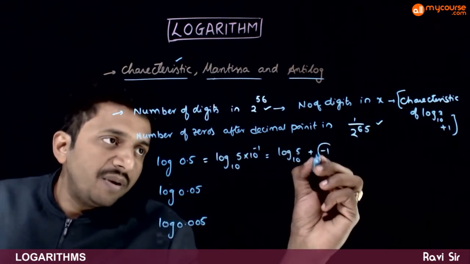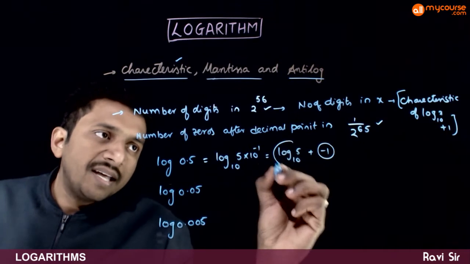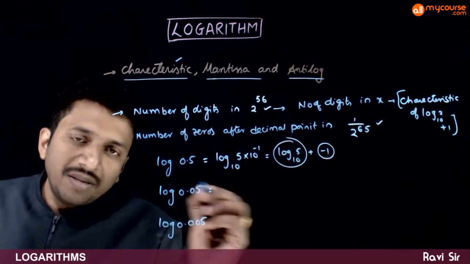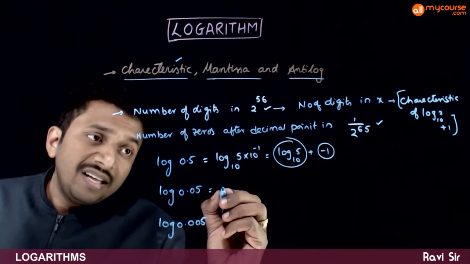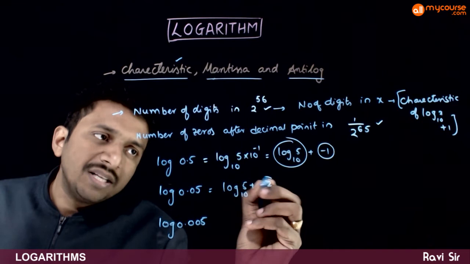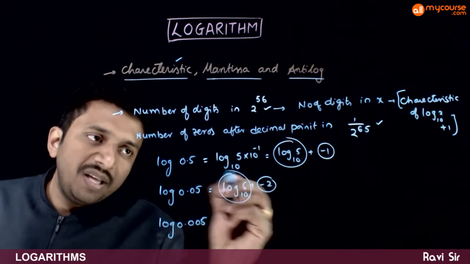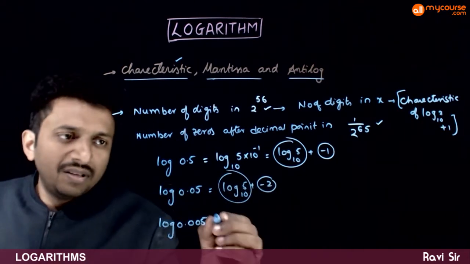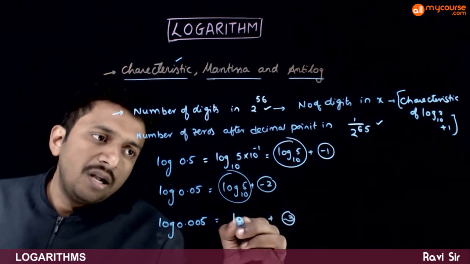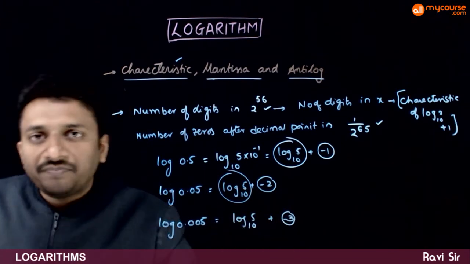Hence the characteristic will be equal to minus 1 and the mantissa will be equal to log 5 to the base 10. Similarly for this, the characteristic will be equal to minus 2 and the mantissa will be equal to log 5 to the base 10. And similarly in this case, minus 3 plus log 5 to the base 10.